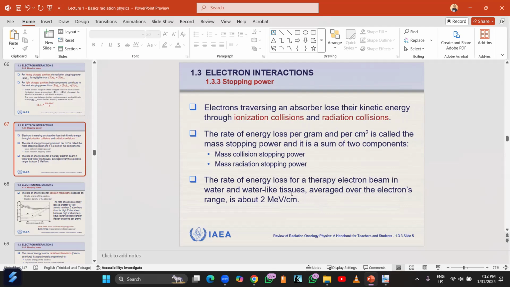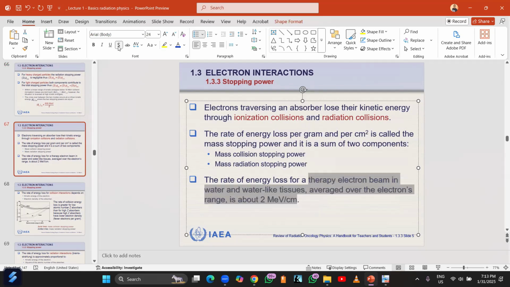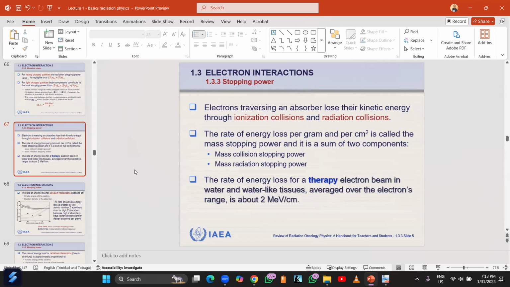One thing I want you to understand as well is we've already covered ionization, which is just ejection of electrons, and radiative collisions. But one thing I want you to remember is the rate of energy loss for a therapy electron beam, in the megavoltage energy range, in water or water-equivalent tissues like the human body.